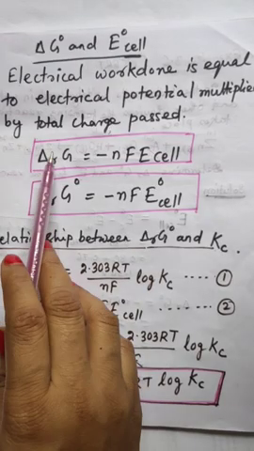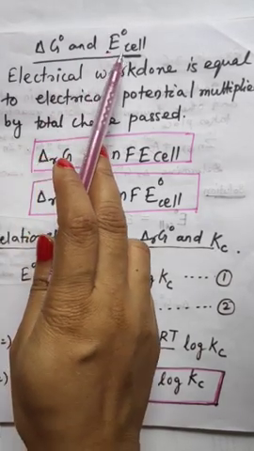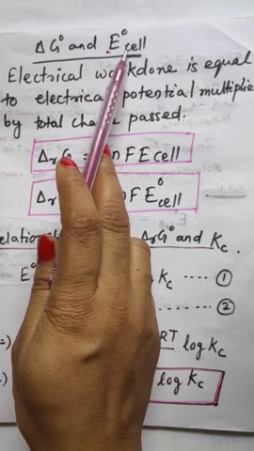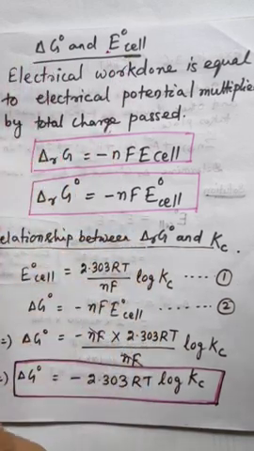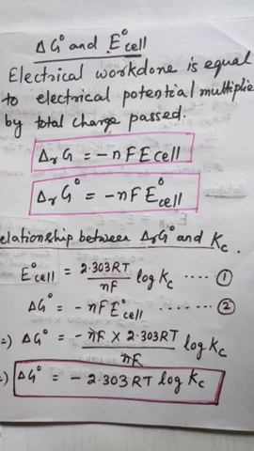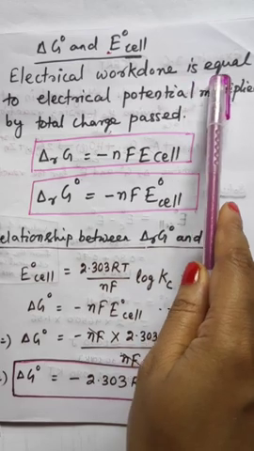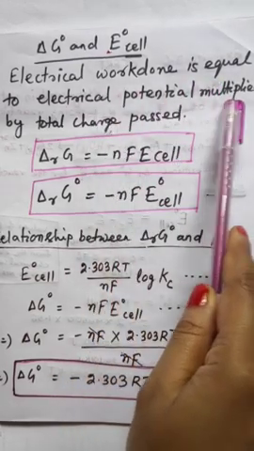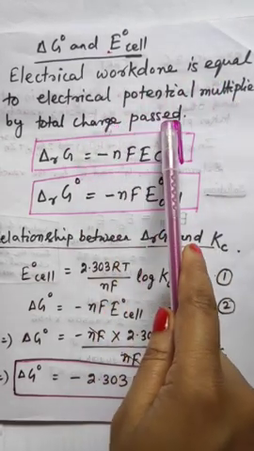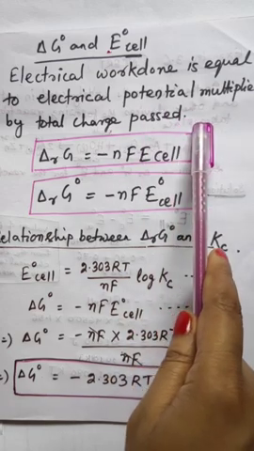Next, we will look at the relationship between the cell potential and the Gibbs free energy. Gibbs free energy is the electrical work done, and it is equal to the electrical potential multiplied by the total charge passed through the electrochemical cell.